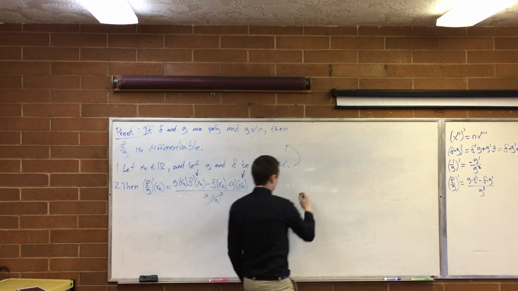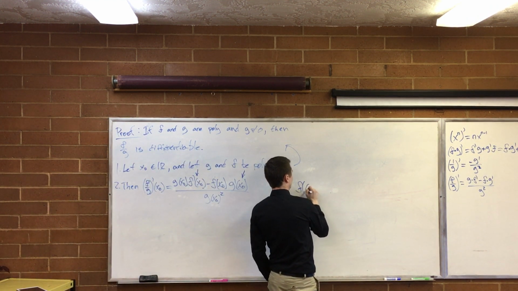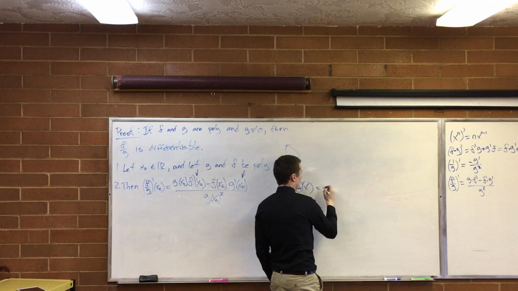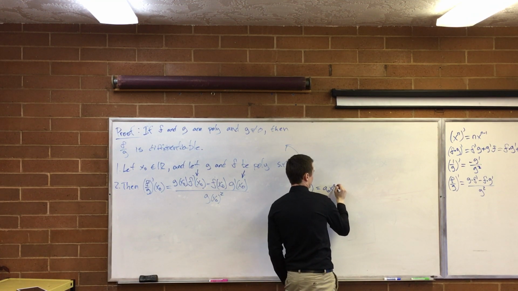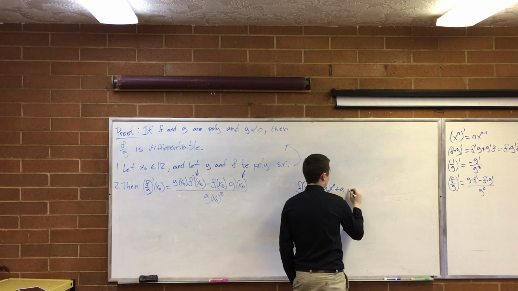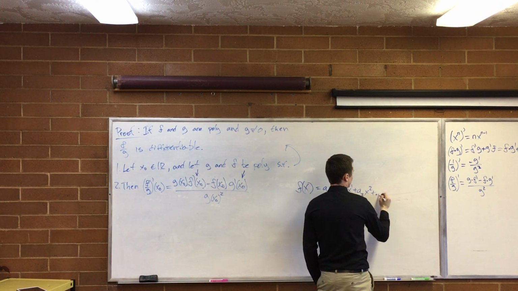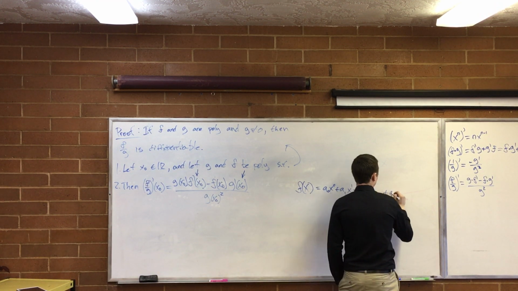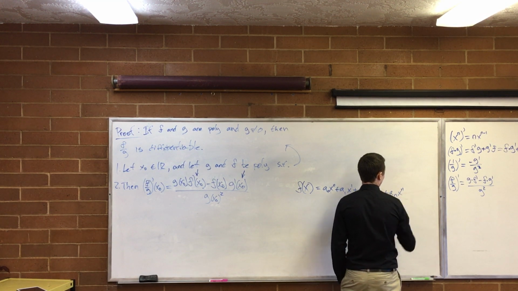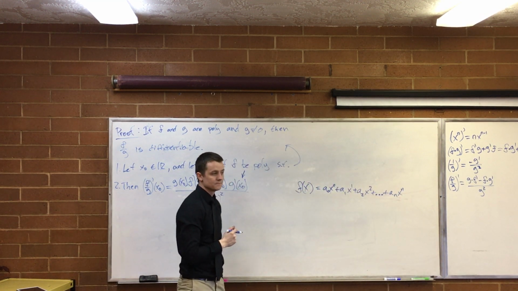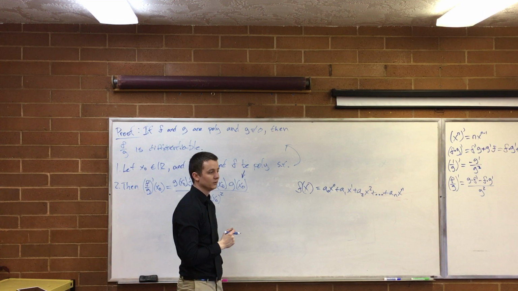And what is a polynomial? Remember, a polynomial is of the form a naught x to the 0 plus a1 x to the 1 plus a2 x to the 2 plus dot dot dot plus an x to the n. Right?